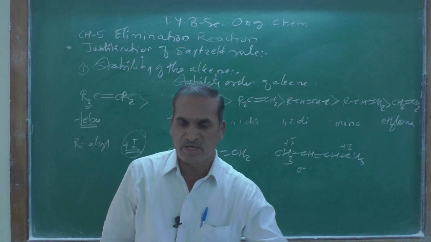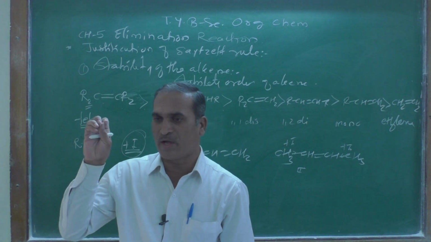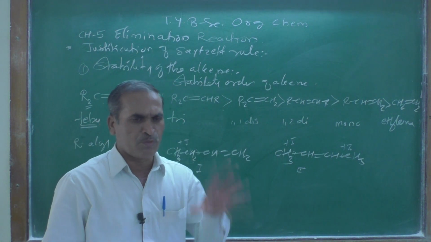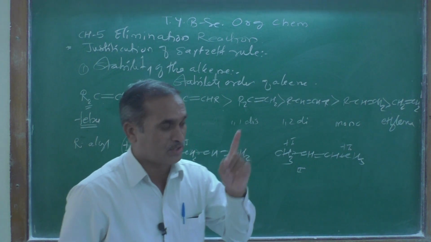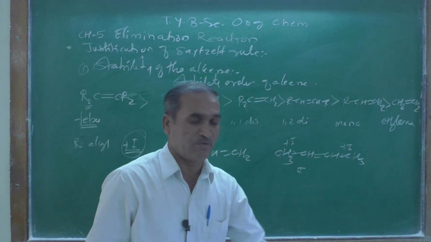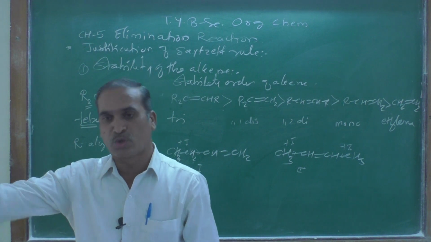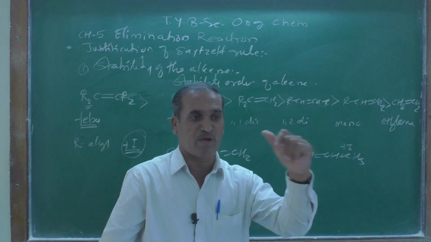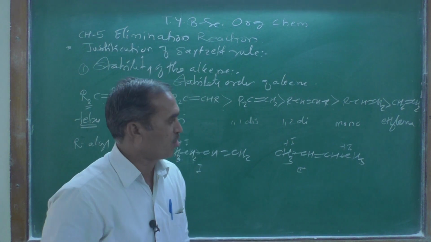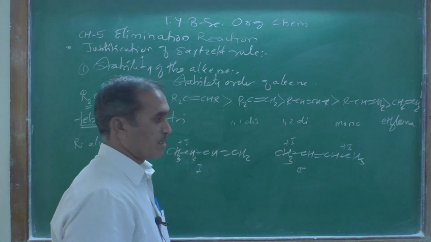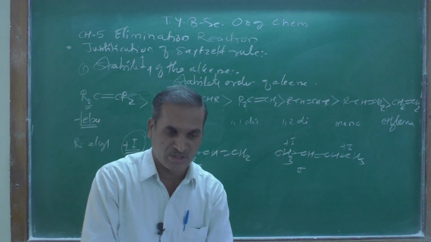What are the groups exerting a plus I inductive effect? What are the groups exerting a minus I inductive effect? Everything we know that, but here the plus I inductive effect is exerted by the electron donating group, whereas the minus I inductive effect is exerted or shown by the electron withdrawing group. Now the second one, you know the resonance.